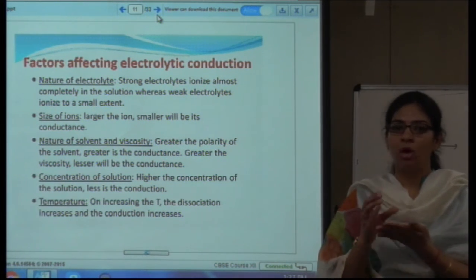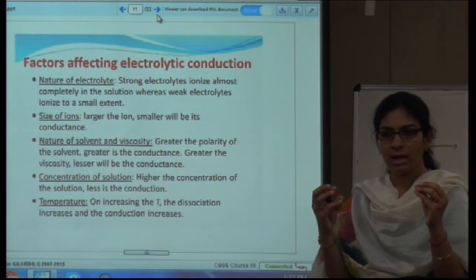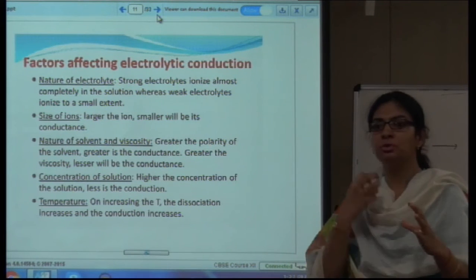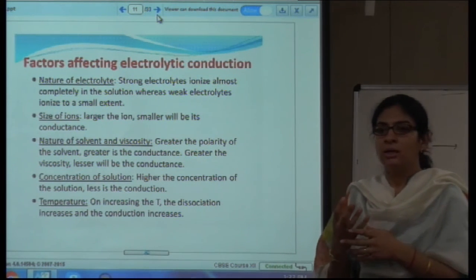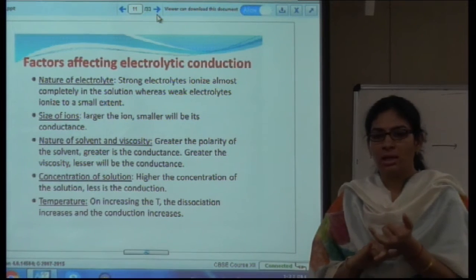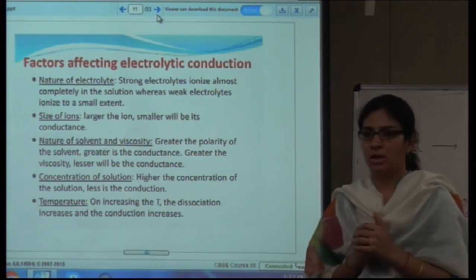Obviously smaller ions move faster because they are light, and they can travel through the solution very easily. That's why smaller ions conduct electricity to a greater extent compared to larger ions.